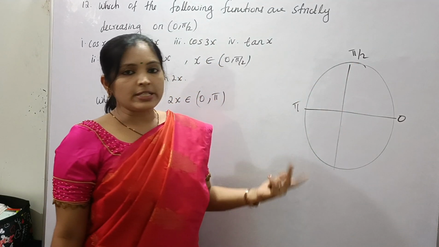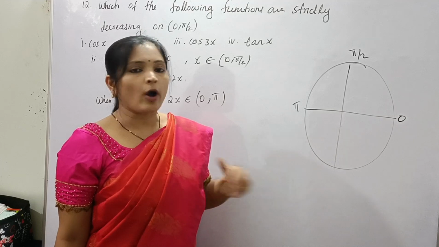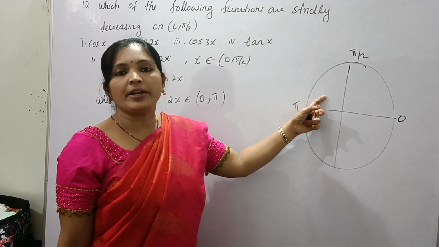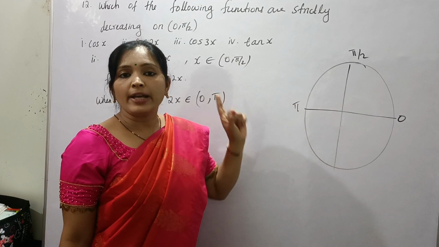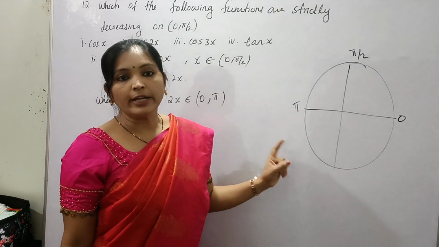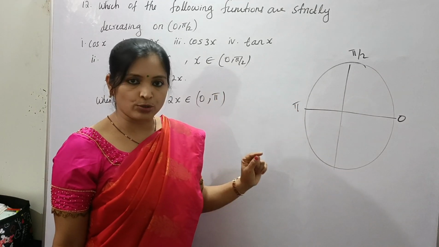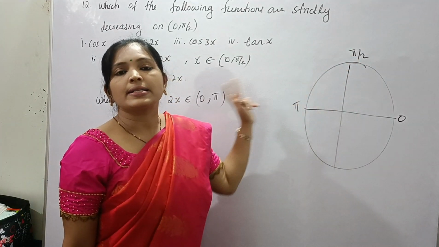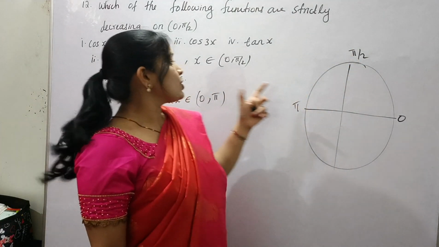And we know that in the first quadrant all trigonometric functions are positive. And in the second quadrant only sin x and cosec x are positive. Therefore, in the first and second quadrants sin x is positive, right?